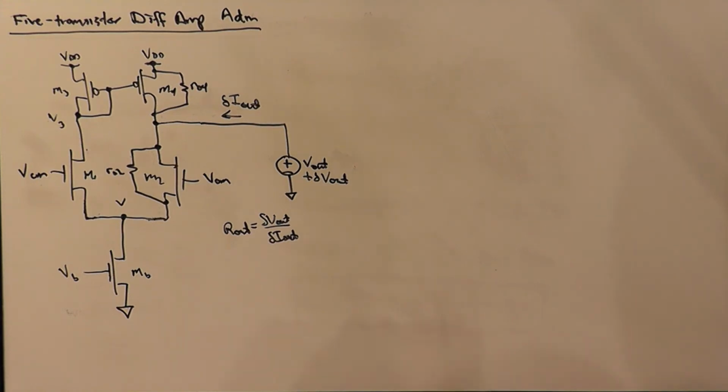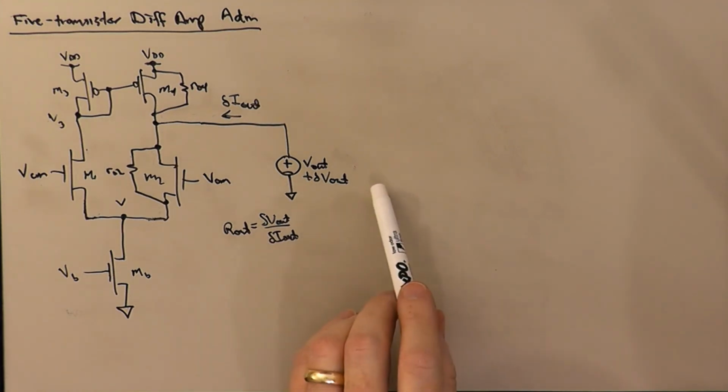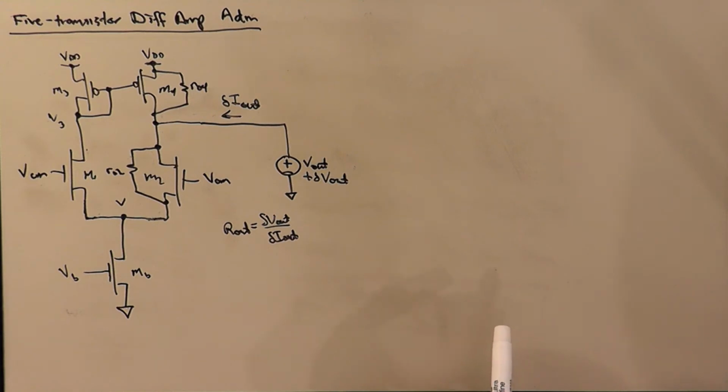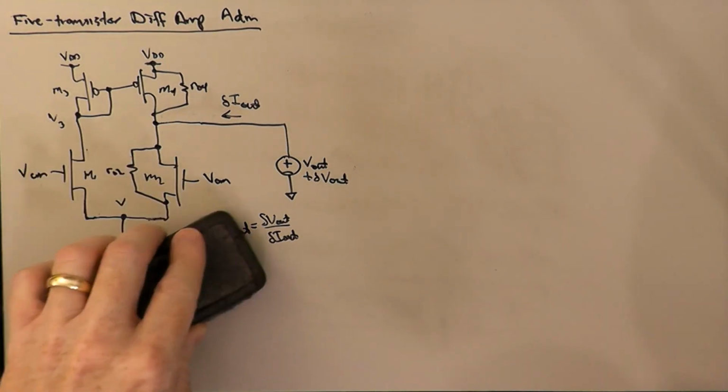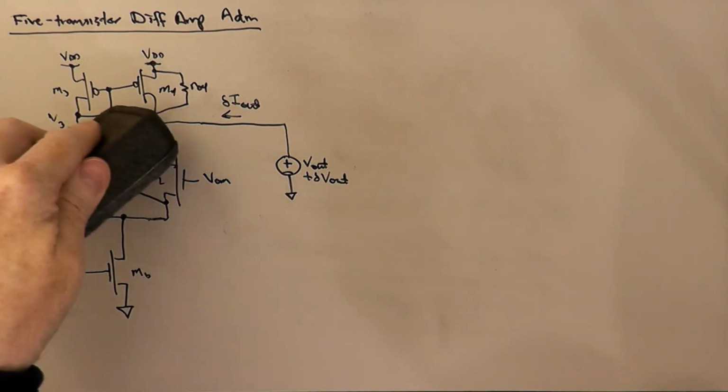And we're going to then sequentially apply our delta V out to each of those 4 replica sources in turn, and figure out what is the component of delta I out due to each of those. Okay? So that is going to look like this.